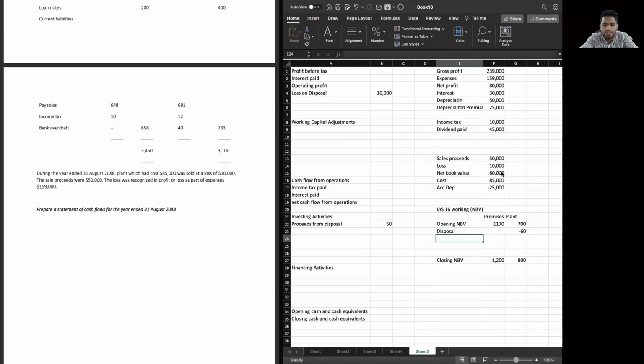So you will be using the net book value for these calculations. In addition, they had given us the depreciation information. So the depreciation for the plant was 50, which will reduce your net book value. And the depreciation for your premises is 25, which will reduce your net book value again. Right? When you charge depreciation, your net book value will decrease.